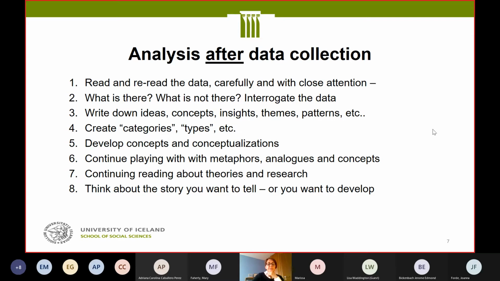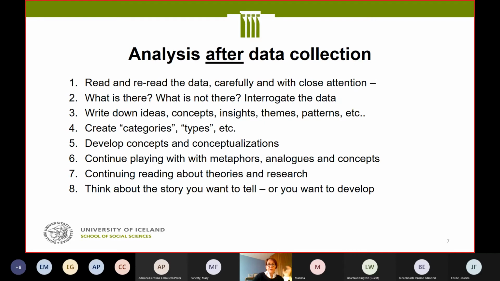And then you need to develop concepts and conceptualizations about what you are learning so you can address it in a more scholarly way, and continue after the data collection.